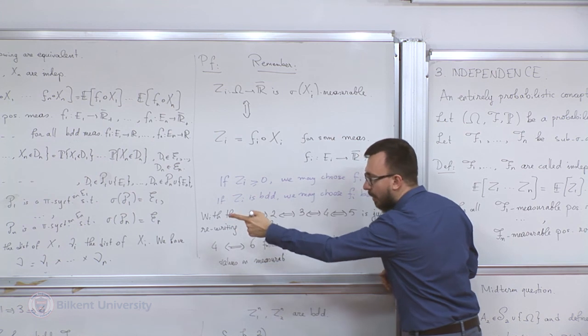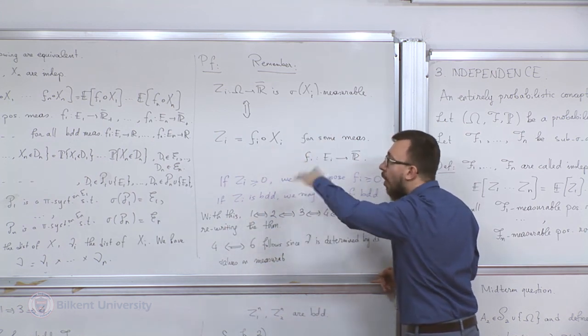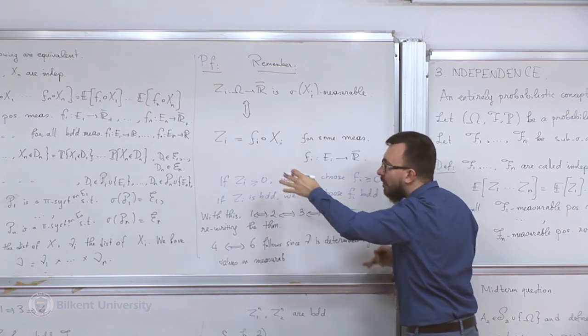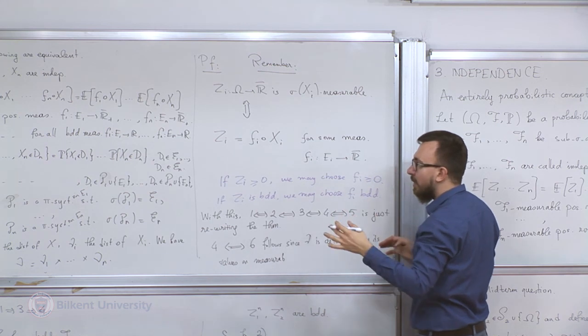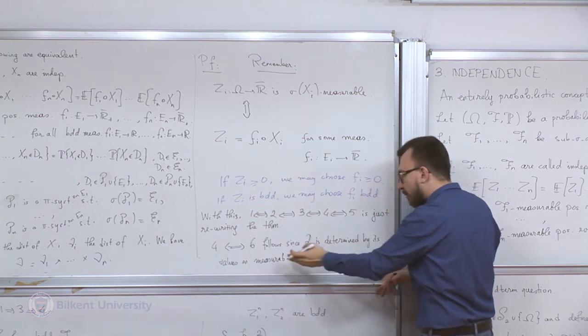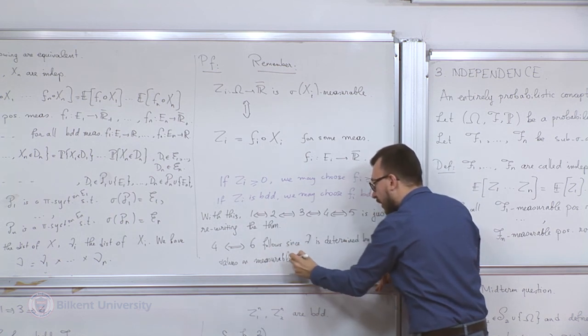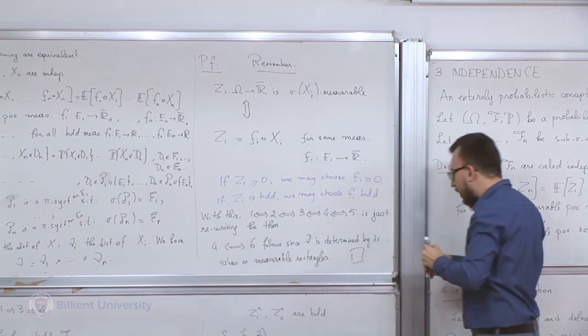So number 6 is about the full measure. Number 4 is about that joint distribution on measurable rectangles. But measurable rectangles form a pi system that generates the whole product sigma algebra. And we have a probability measure here. So it is uniquely characterized by its values on measurable rectangles. So there is almost nothing to prove here.